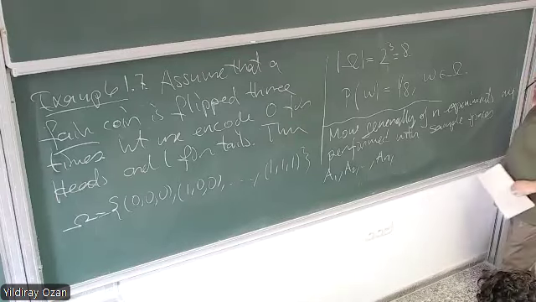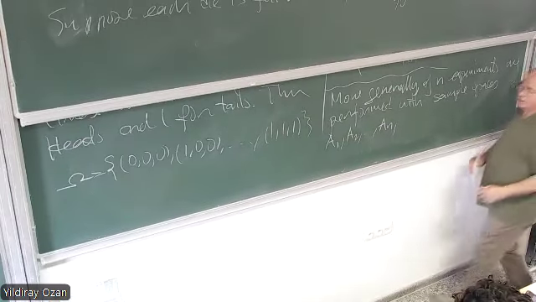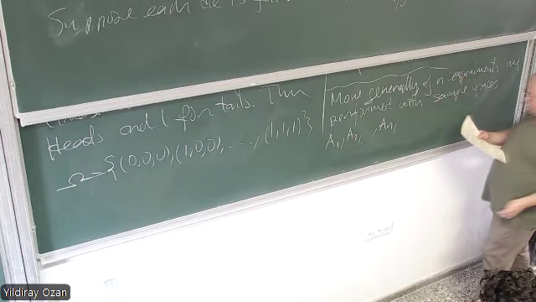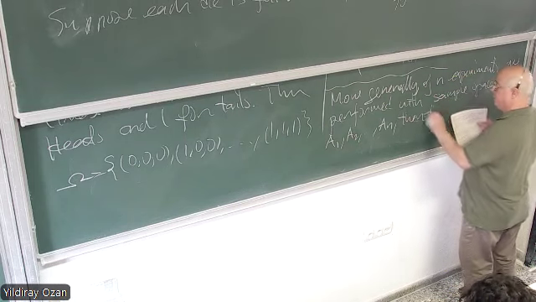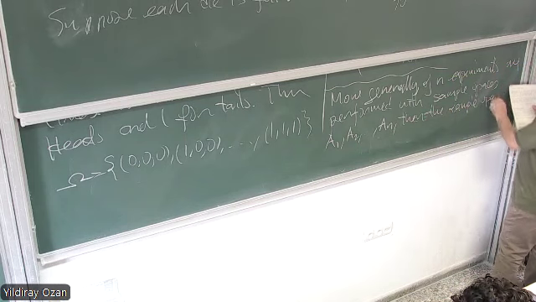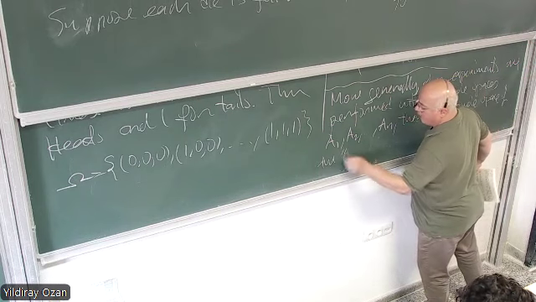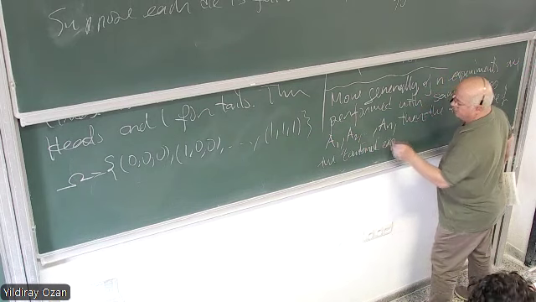So we have n many experiments, and these are the sample spaces of these experiments. Then the sample space of the combined experiment.